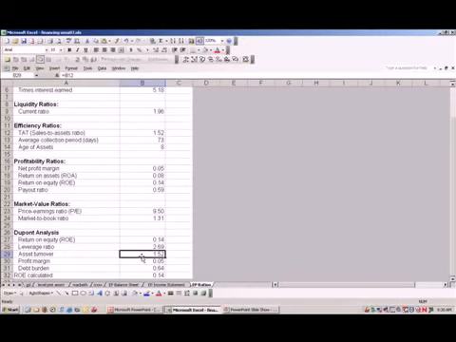That is to say, a hospital, for example, that can generate $1.52 in revenue for every dollar invested in assets is doing quite well. In other industries, an asset turnover of 1.52 might be considered low or average.